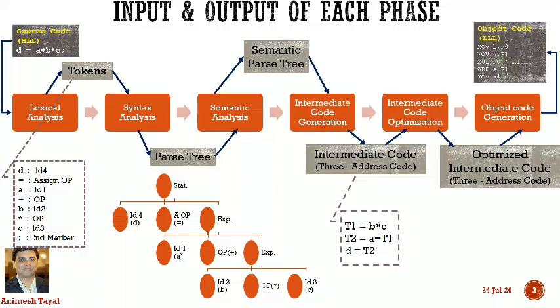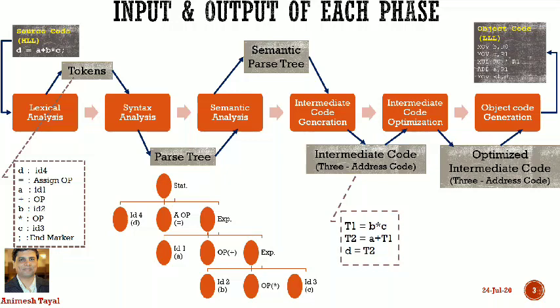We are considering in this instruction set that the first operand is the source and the second is the destination. So move B comma R0 means B is the source and the value of B will be stored in R0, that is the destination. Similarly, in the last instruction, move R1 comma D, the value of R1 will finally be stored in the permanent register, that is D. So this is all about the input and output of each phase.